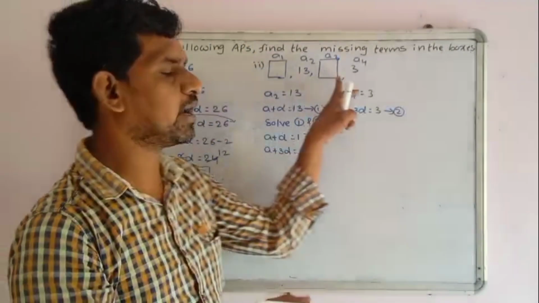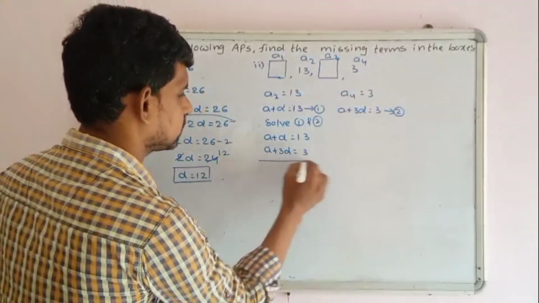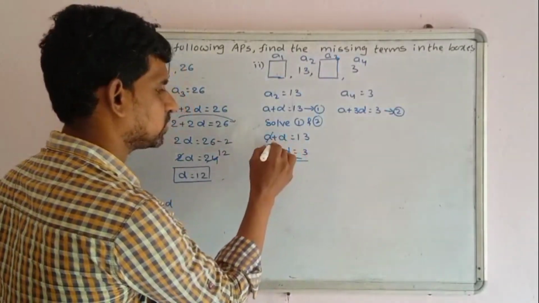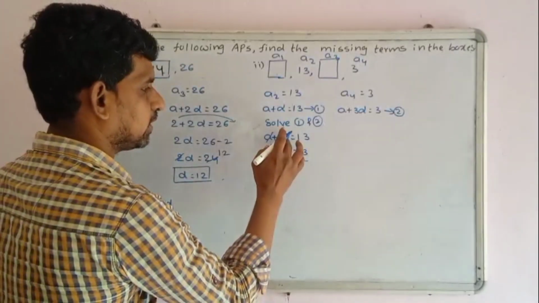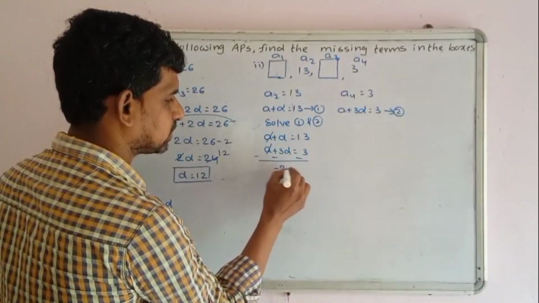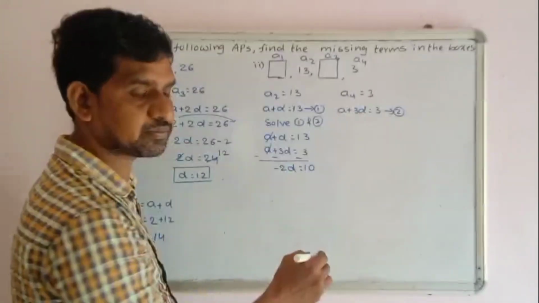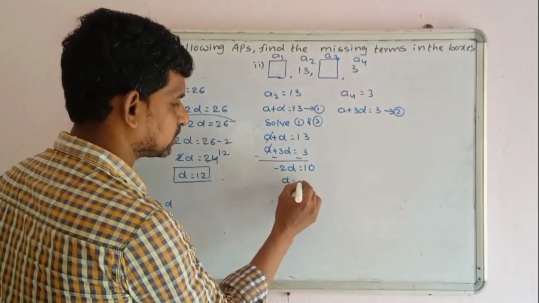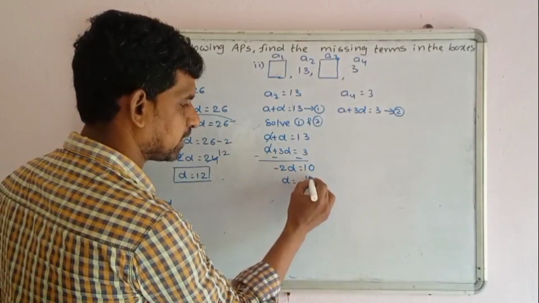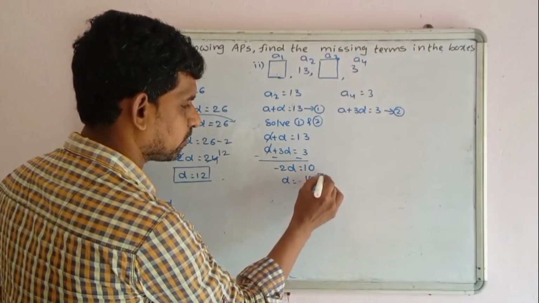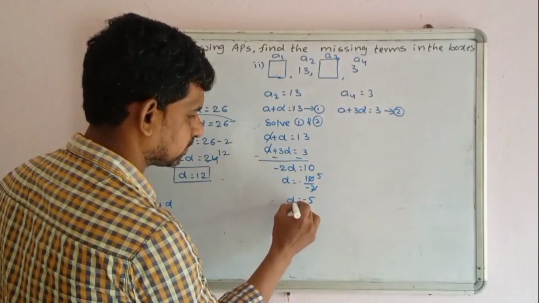Now subtract equation 1 and equation 3 here. So minus, minus, minus. A and negative A cancel. D minus 3D is minus 2D. 13 minus 3 is 10. So D equals 10 by minus 2, that is 5, minus 5.